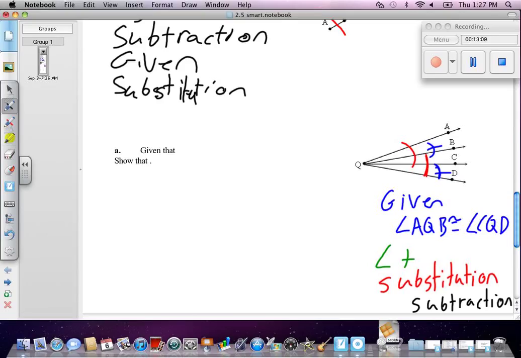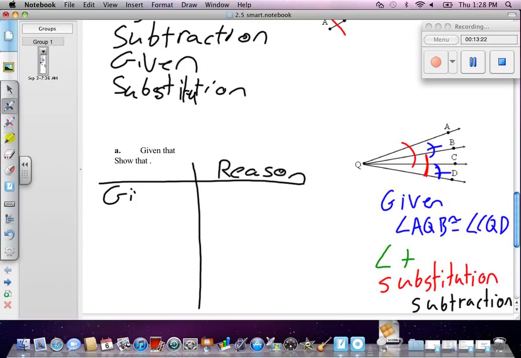Okay. So what do you think we should start with? What's the first thing when we're making our proof we should always start with? Given. Okay. So I'm going to put the reasons over here this time, and I'm going to put the math stuff over here. So first I'm going to write given, and then I'm given this. Angle AQB is congruent to angle CQD.